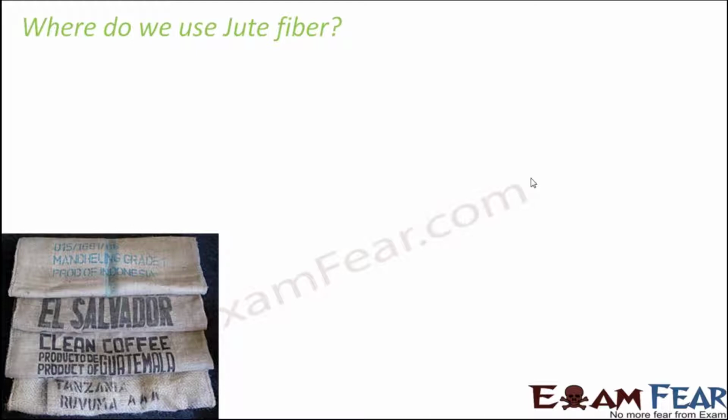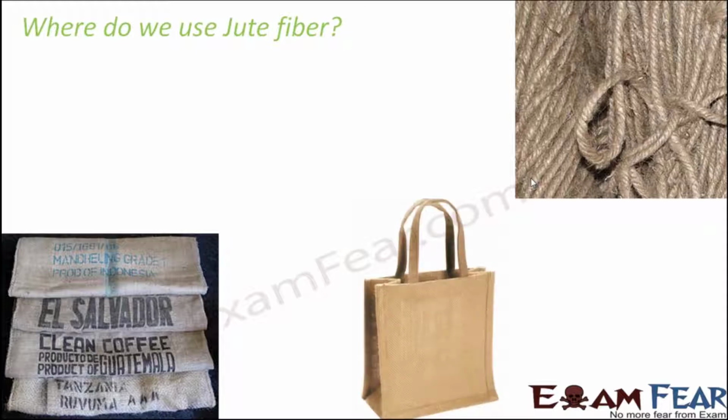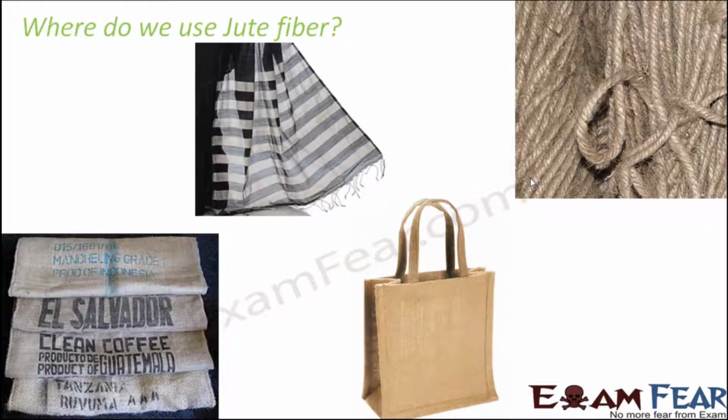These are the bigger jute bags used for storage. It is also used to make jute ropes. As I said, they are quite strong and coarse, and that is why they are useful in making ropes. Jute bags are very common, not only in terms of fashion but also in terms of durability. Jute silk is another very common fabric which is used for making saris or other dress materials.